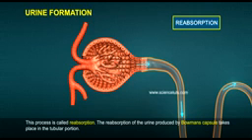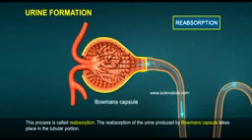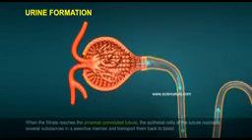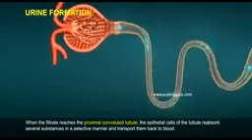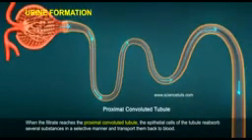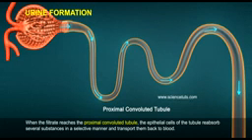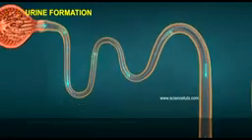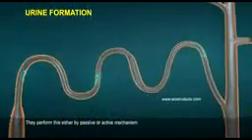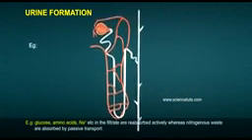The reabsorption of the filtrate produced by Bowman's capsule takes place in the tubular portion. When the filtrate reaches the proximal convoluted tubule, the epithelial cells of the tubule reabsorb several substances in a selective manner and transport them back to blood. They perform this either by passive or active mechanism.